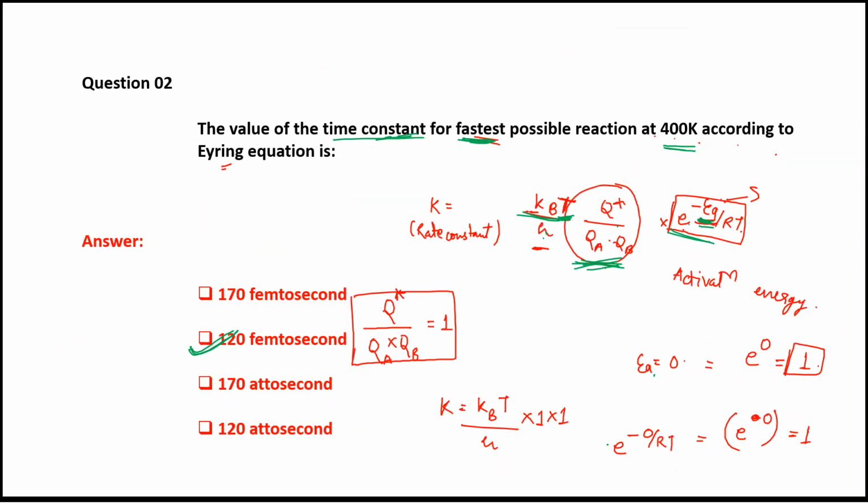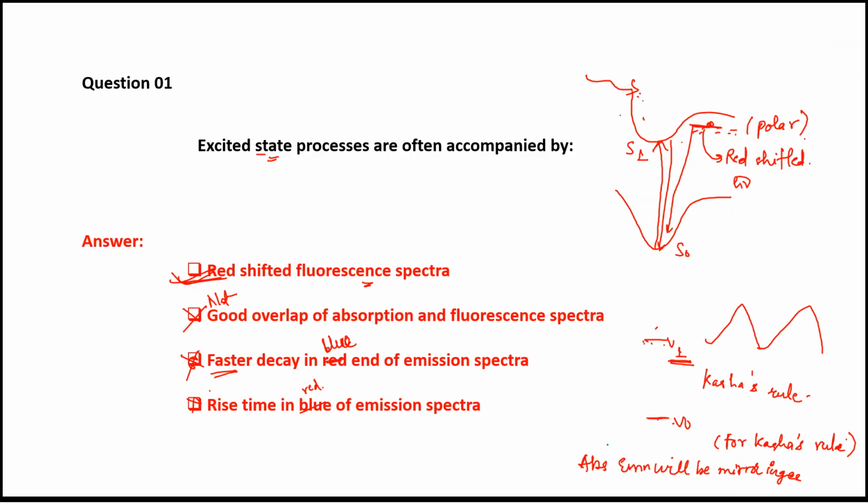The first question was, what are the excited state processes, and how do things happen in them? First, because of the polarity dependence of the excited state, which is itself a dipolar state, the state will be more stabilized, and therefore the fluorescence emission will be redshifted a lot.